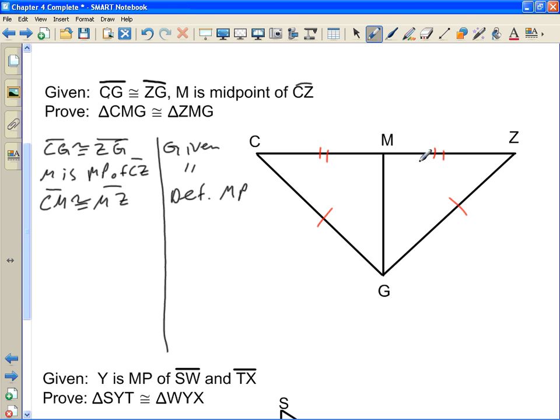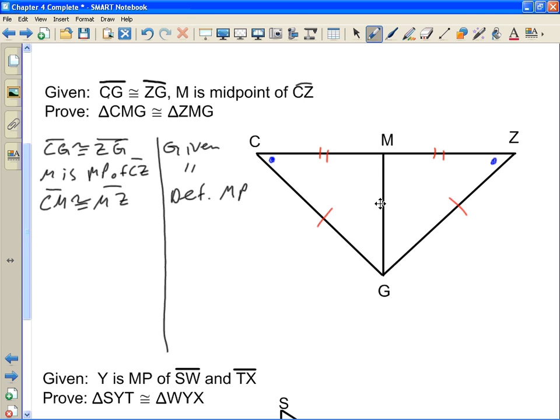So at this point, I've got two sides on this triangle congruent to two sides on this triangle. In order to use side angle side, I would need the included angle here congruent to the included angle here. I don't have any other given information that's going to allow me to get congruent angles. My other option is to get this side.